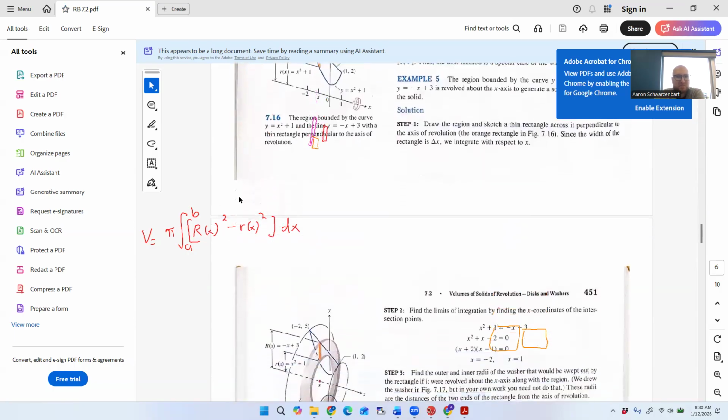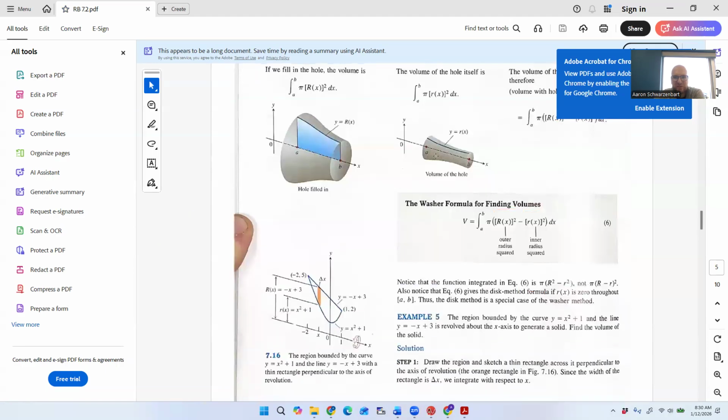So we have the region bounded by y equals x squared plus 1 and y equals negative x plus 3 being revolved around the x-axis. So here's my region. Notice that negative x plus 3 is on top.